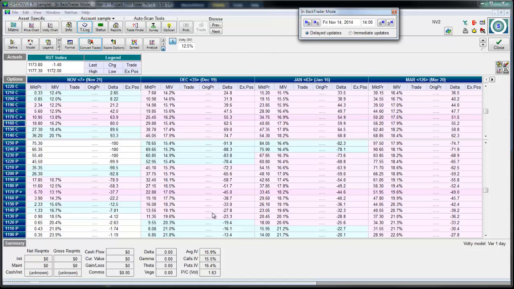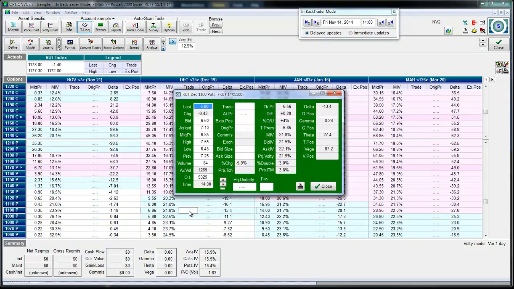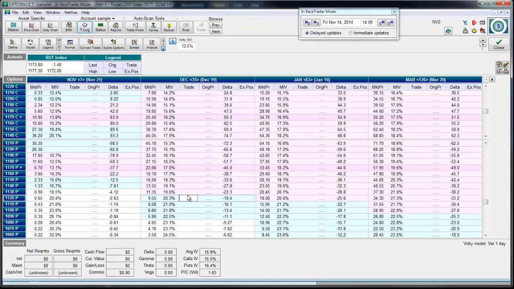Another possibility is you come in here on a directional or a non-directional opinion, and let's say we want to just do something like this. Say that we want to go 1140, 1120. Let's just say we want to do that. Let's say we want to do minus 10, plus 10.